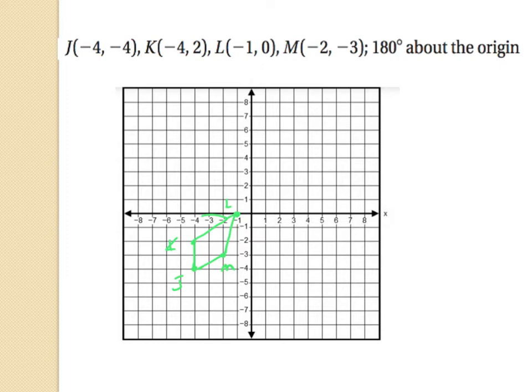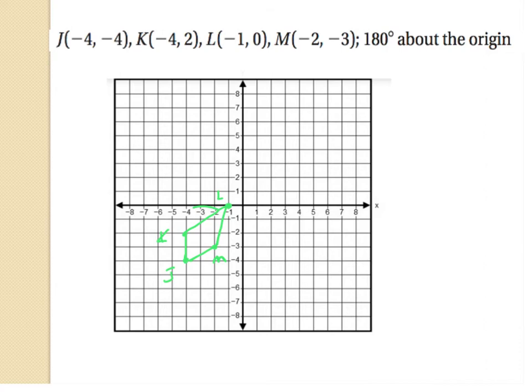Okay, so -4, -4, -4, -2, -1, 0, and -2, -3. Now because we're doing 180, we keep them the same, and we just change the signs.